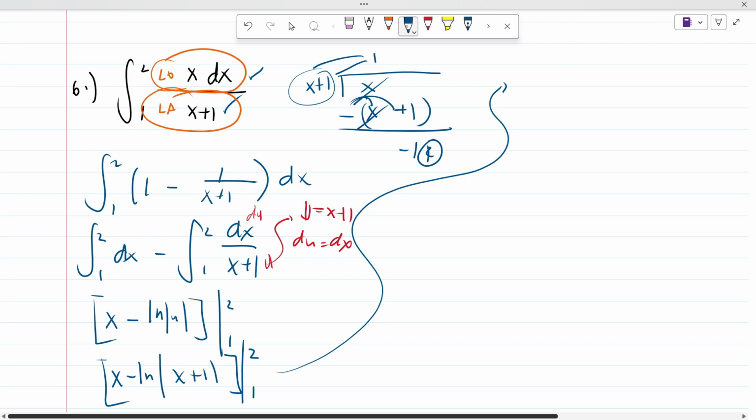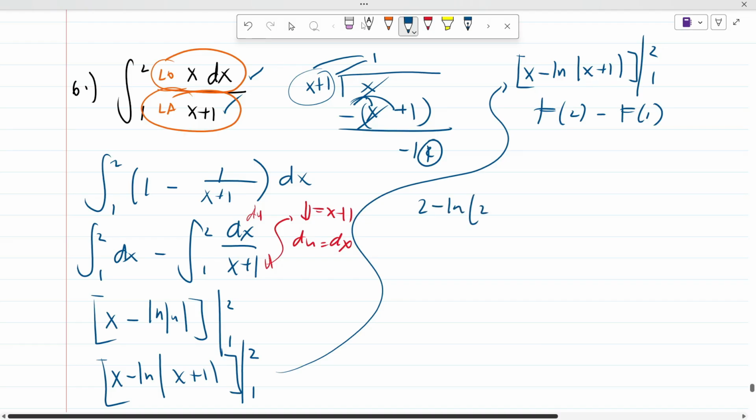So, game. Rewrite ko lang. So, FB is F2 minus F1. So, lahat ng x palitan ng 2. So, 2 plus 1, minus 2 minus ln of 1 plus 1.